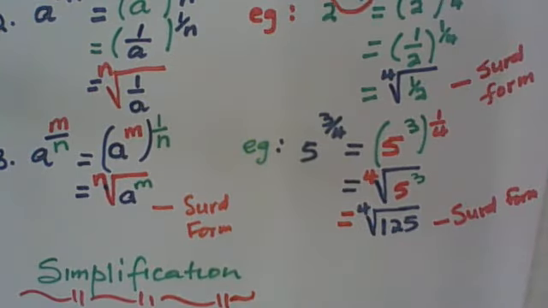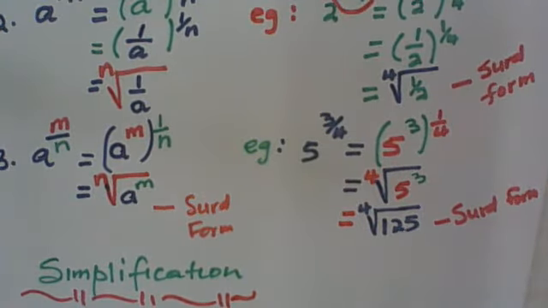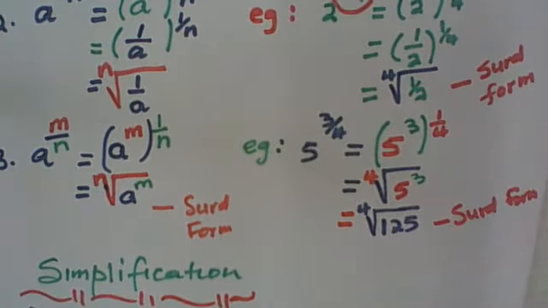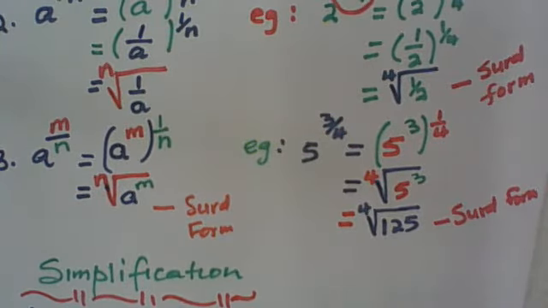Say you have the nth root of A multiplied by the nth root of B. What is it that is common here? It is the nth root. So this will be the nth root of A multiplied by B.